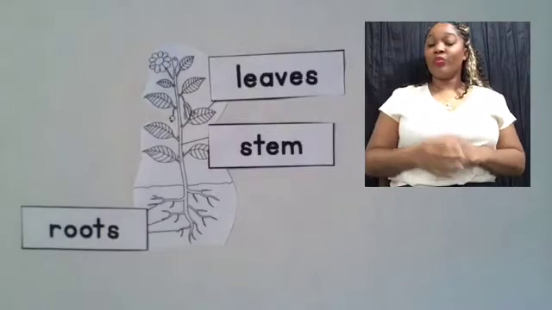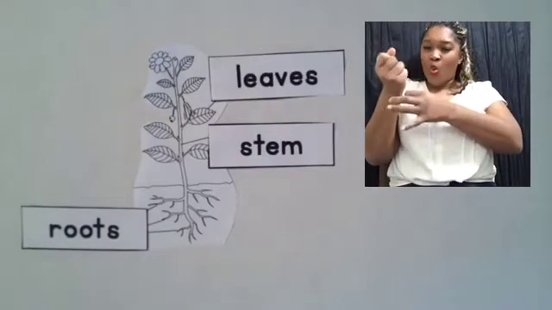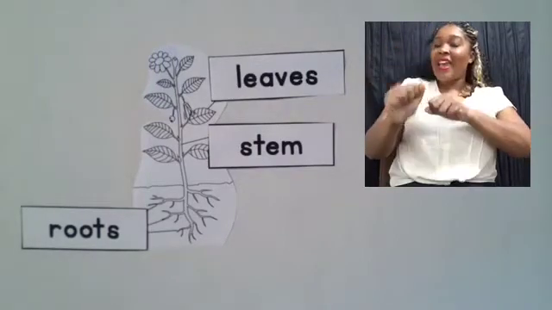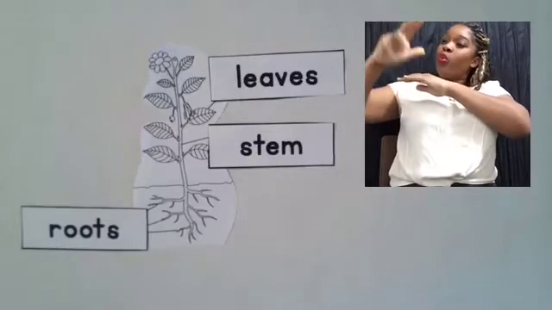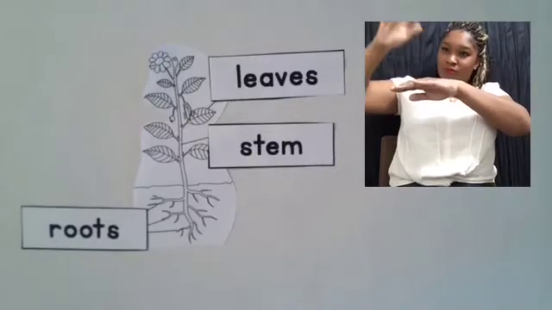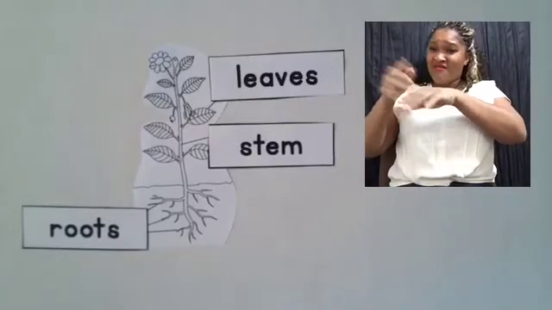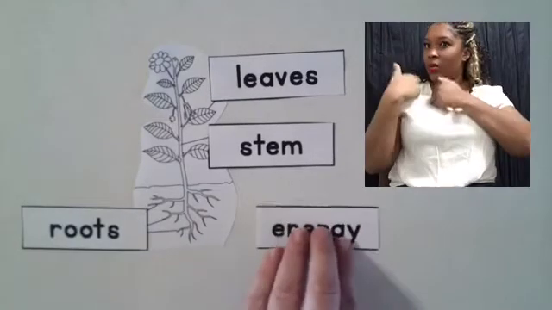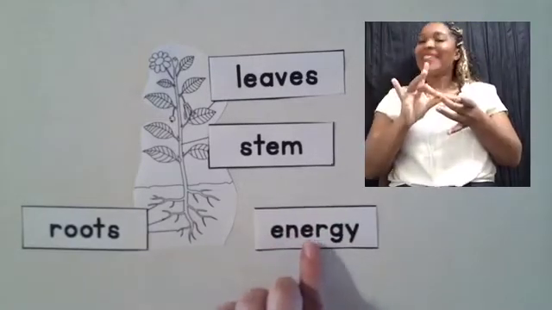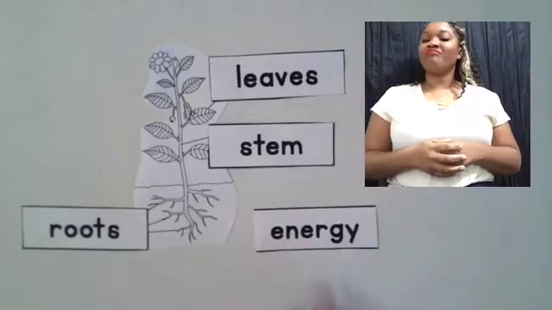The stem holds the leaves so they can absorb the sunlight. The leaves have an important job, and this job has to do with energy. Let's talk about that.